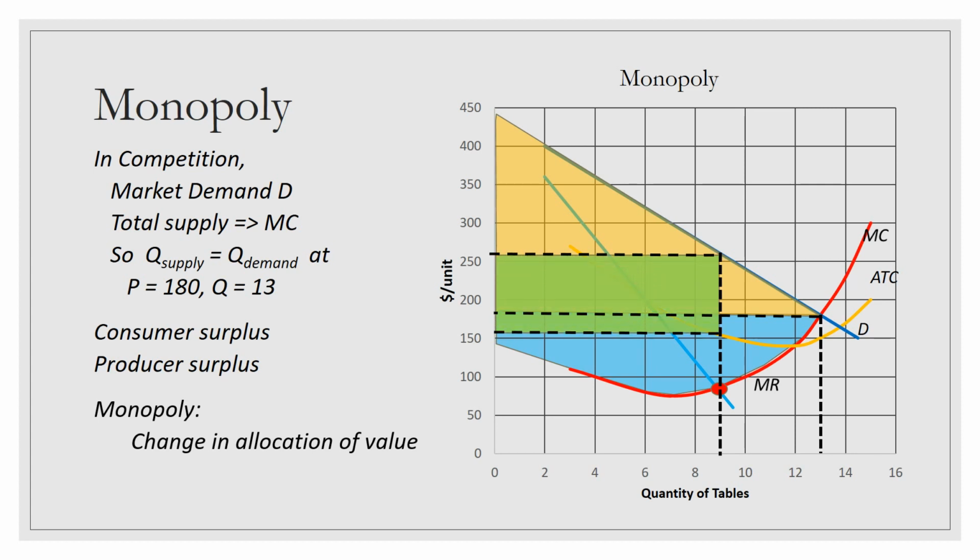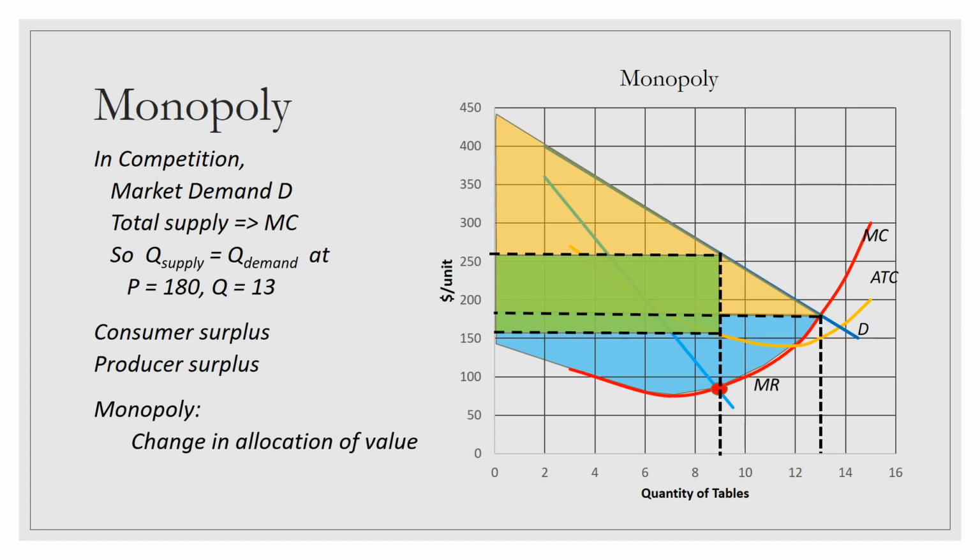We know that the profits being generated by this monopoly that go to the monopolist, okay, are a result of the consumers paying higher prices. So the consumers are paying that $260 instead of the $180 that they would pay in a competitive environment.